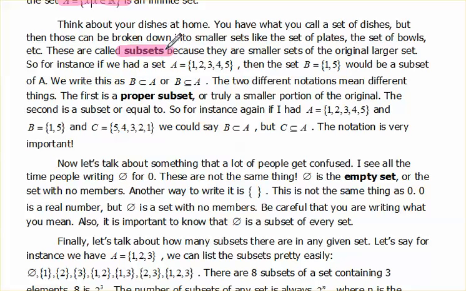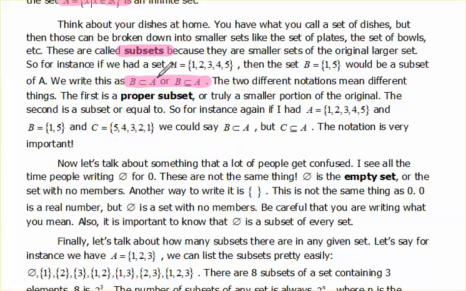Now, when we talk about mathematical sets, for instance, if we had the set A is 1, 2, 3, 4, 5, and a set B that was just 1 and 5, then we would say B is a subset of A. And there are two different notation types for this. You can see there's a lot of vocabulary, notation, and symbols in this section to keep straight.